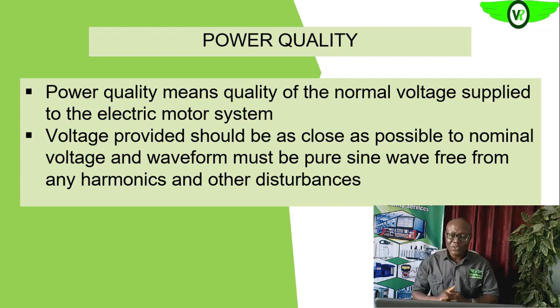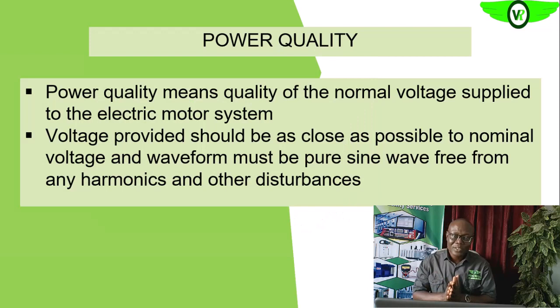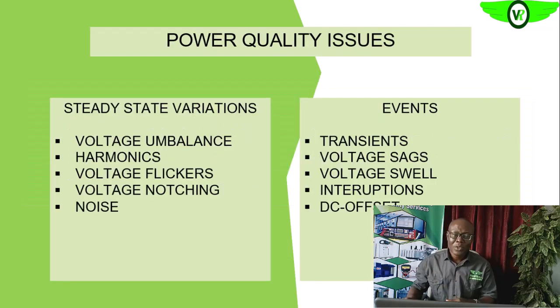And then of course, what we are supplying to the electric motor system must be a pure sine wave. Anything that is outside a pure sine wave means that the quality of that power has been distorted. So the how, we will see that as we go along.